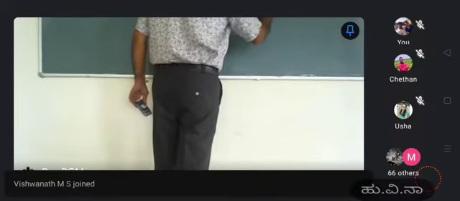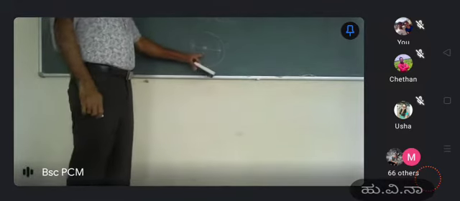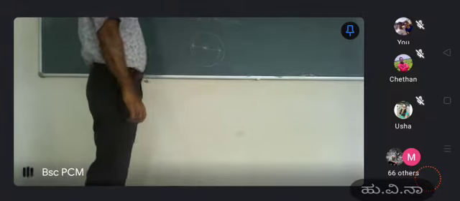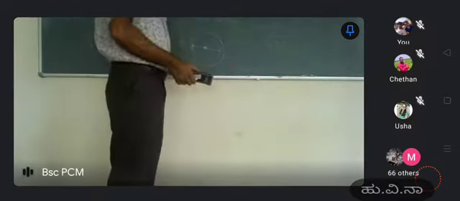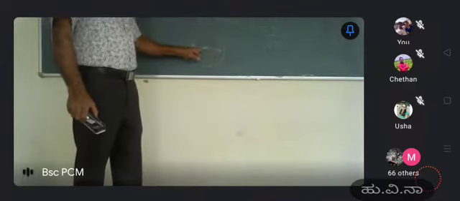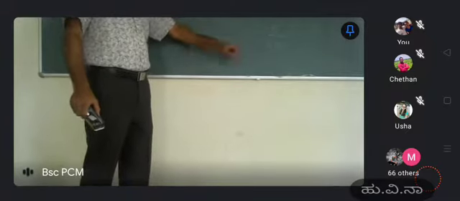The force of repulsion between the electron and the electron is given by e squared divided by 4r squared.